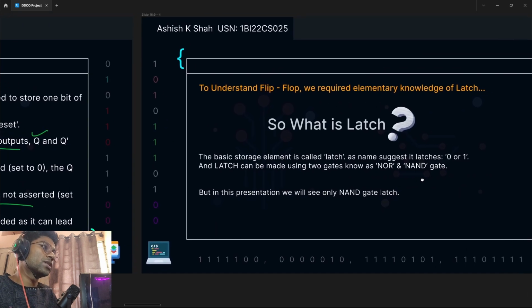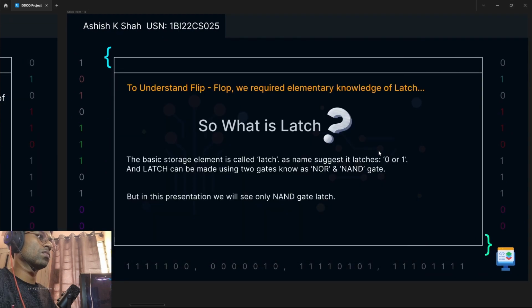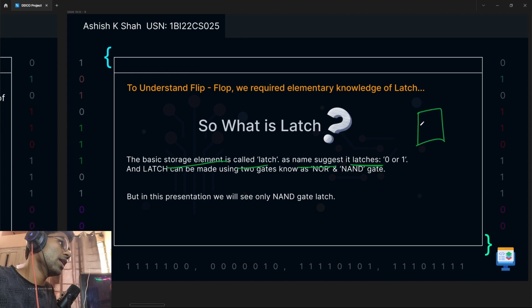Let's first understand what a latch is. The basic storage element is called a latch. As the name suggests, it latches. It latches means, if suppose there is a door and it latches, then if something is inside that door, it can't go outside, and if something is outside, it can't go inside.